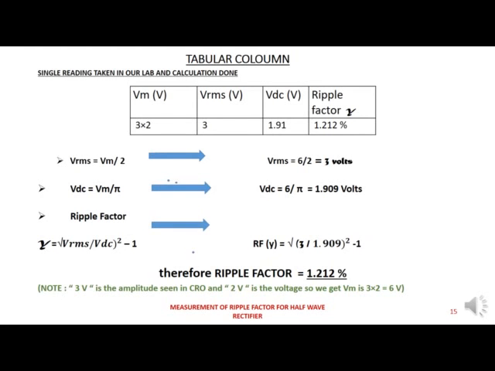Ripple factor equal to root of (Vrms divided by Vdc) whole square minus 1. So we get root of (3 divided by 1.909) whole square minus 1. Then ripple factor equal to 1.212. Note, 3 volt is the amplitude seen in the CRO and 2 is the volt per division. So we get Vm as 3 into 2, that is 6 volts.